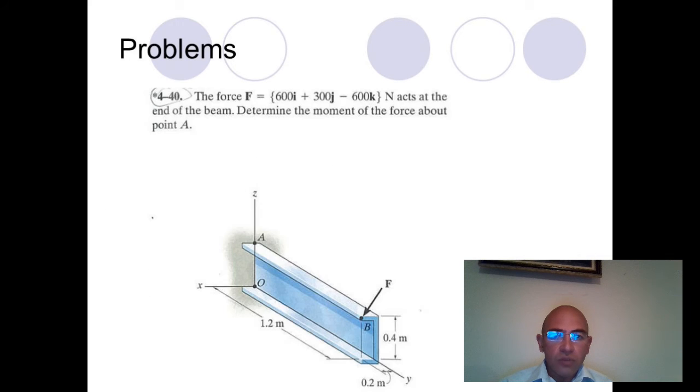Of course, here you see the x-coordinate is 0.2 meters and the y-coordinate is 1.2 meters, and in the z direction point B has a distance from the origin of 0.4 meters.